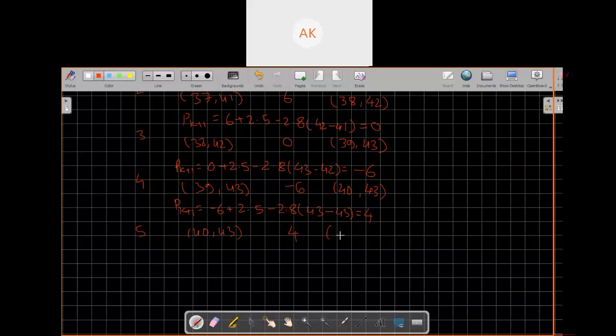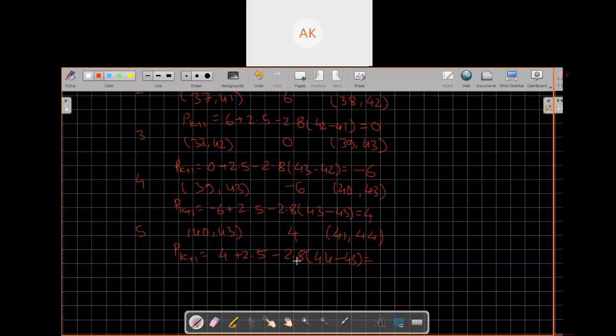When your decision parameter is greater than or equal to 0, your xk+1 will be xk plus 1, 40 plus 1, 41, and yk+1 will be yk plus 1, 43 plus 1, 44. Okay, calculate again the decision parameter. pk is now 4, plus 2 into delta y, which is 5, minus 2 into delta x, which is 8, times yk+1, 44, minus yk, which is 43.